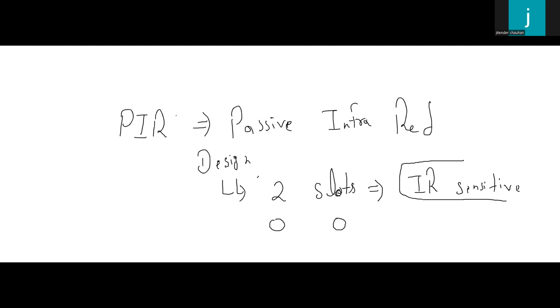These two slots are present side by side inside the sensor. So this is the structure of the PIR sensor.